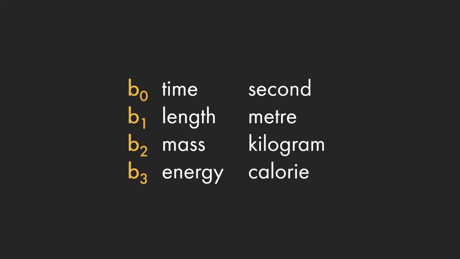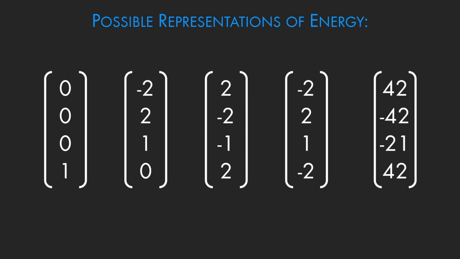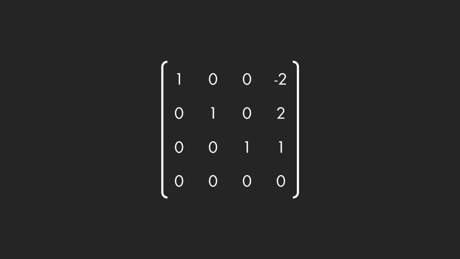In the language of linear algebra, we would say that these basis vectors are not linearly independent. This means that energy, or indeed any unit in this system, can be represented by infinitely many different vectors, all of them equally valid. So if you're converting into this system, how do you know which one to use? The answer is, you don't. If you write out the matrix to convert this into SI, its determinant is 0.